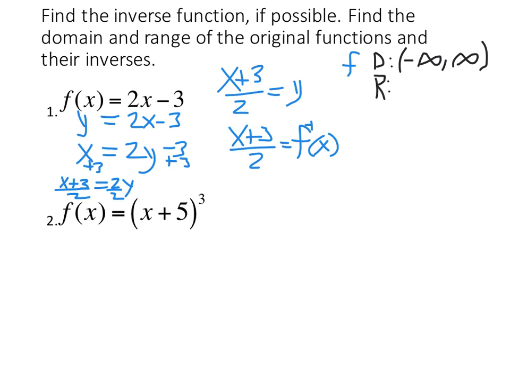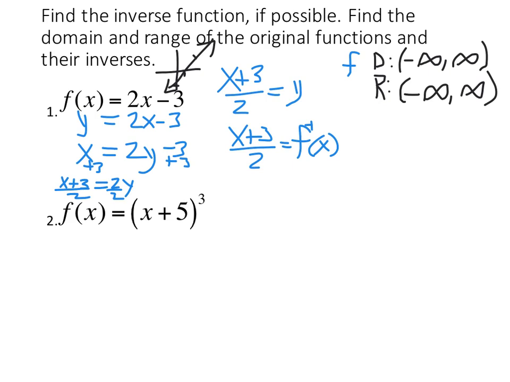If it's a line, we know it's just going to go on forever, down and up. So it's going to be negative infinity to positive infinity. And sometimes it's helpful to think about what this graph would look like. It's down 3, and it goes up 2 over 1, so it's going to look something like this. Sometimes graphing it helps us out, and you can always graph it on the graphing calculator as well.